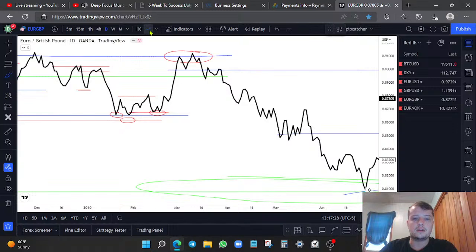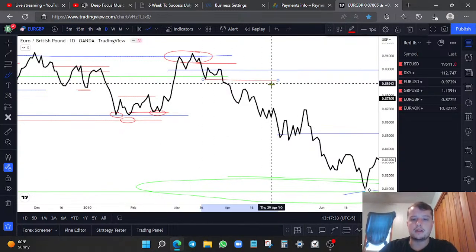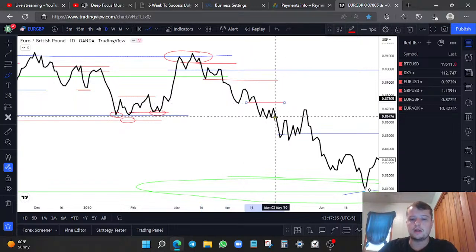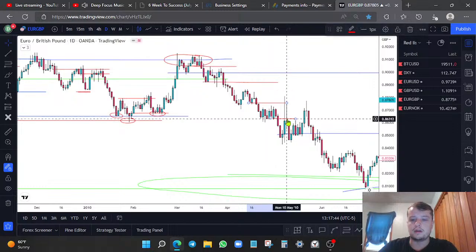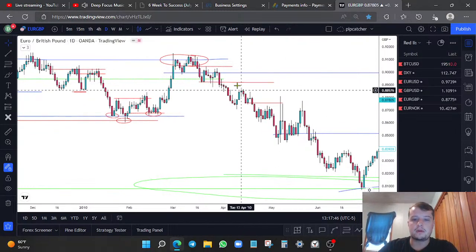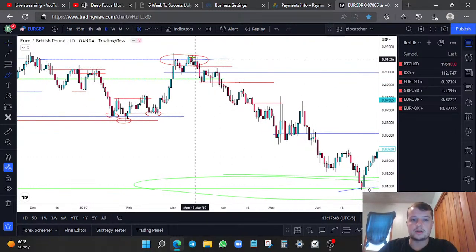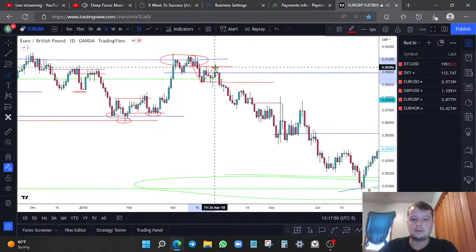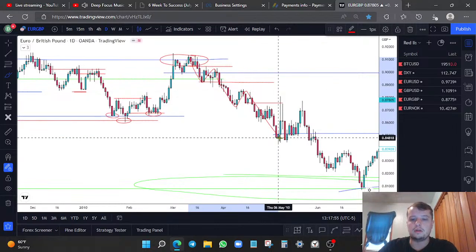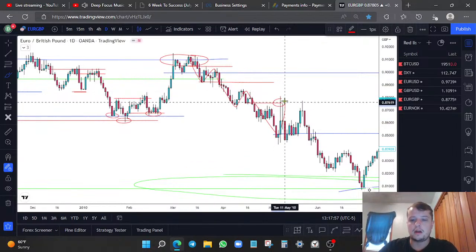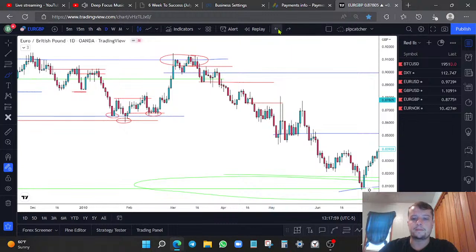Let's go to a line chart. Does price get up there? Nope. Does price get here? Nope. Does price get here? Nope. Well, maybe. Let me check. Okay, so it does, from this area here. So you start seeing lower low, lower high, lower low, lower high, lower low, and then price comes back, gives you that nice entry.